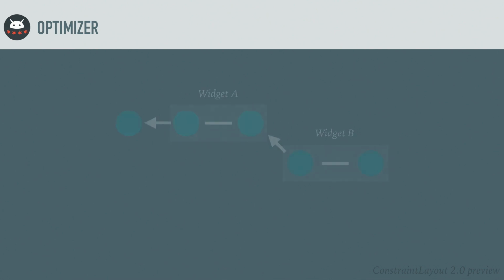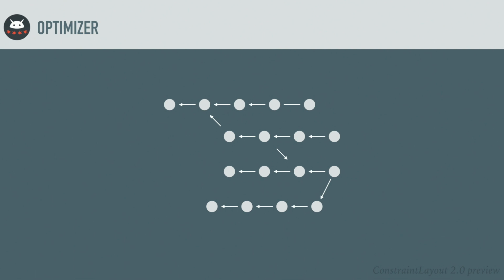So you can think about all those constraints you express as a gigantic graph, and essentially, we can solve a large part of this graph depending on your layout. So in the best situation, we solve everything in the optimizer, and we don't even run the linear equation solver. In some situations, we still have to run the equation solver, but it's still a huge win because we have a much more reduced graph of constraints.